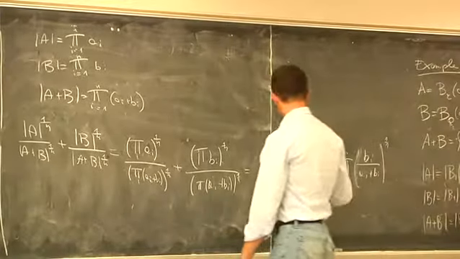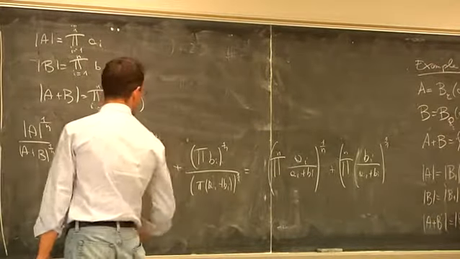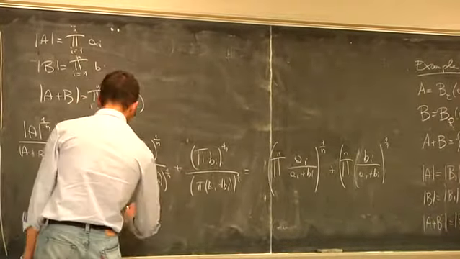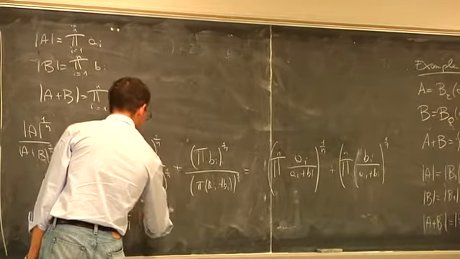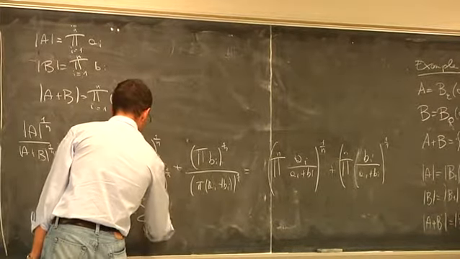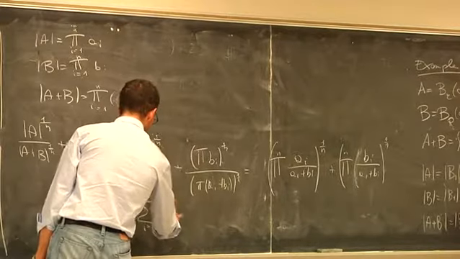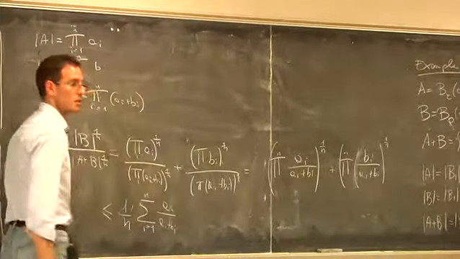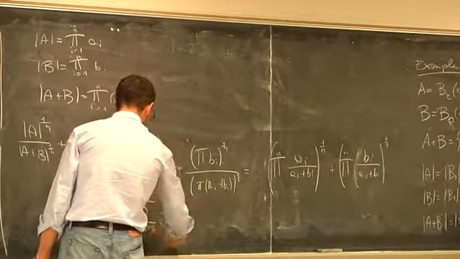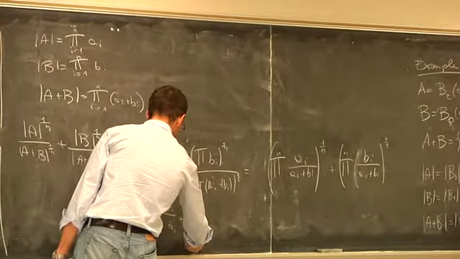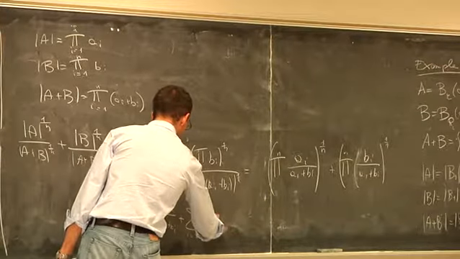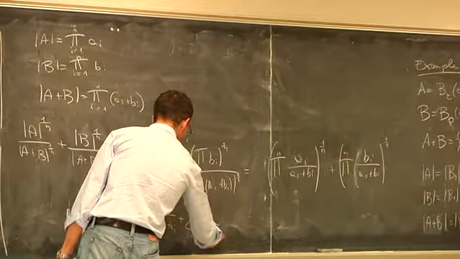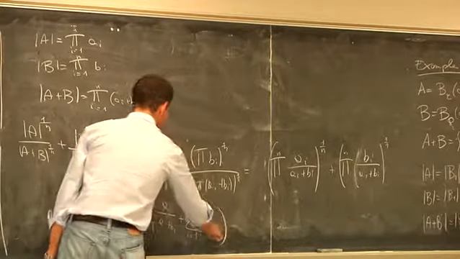So this sum is less or equal to 1 over n, the sum over i from 1 to n of a_i over a_i plus b_i, and then I have the same for the second one, the sum from 1 to n of b_i over a_i plus b_i.